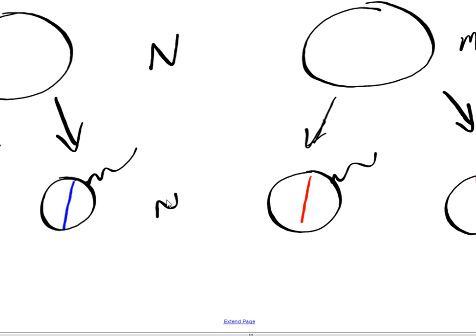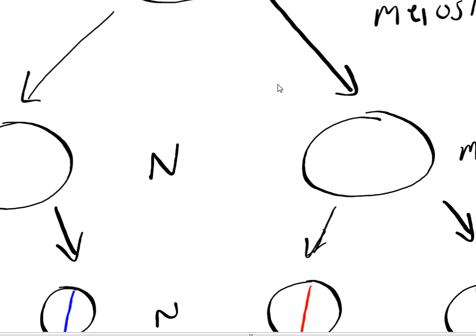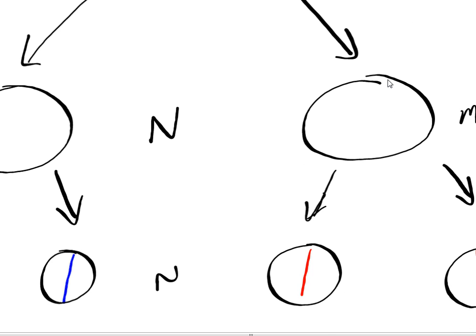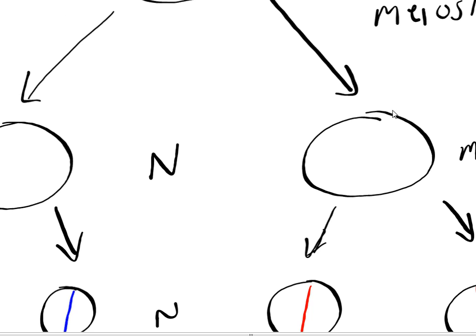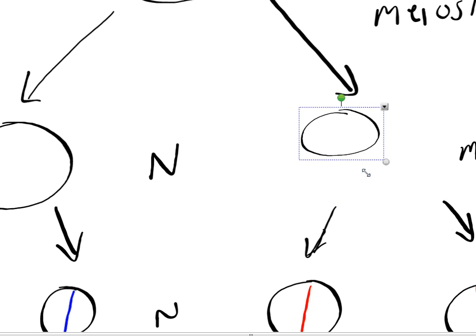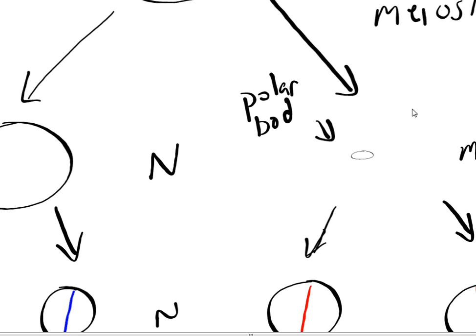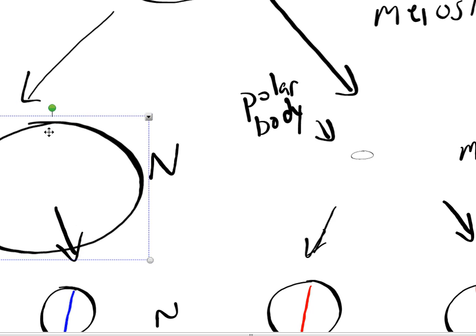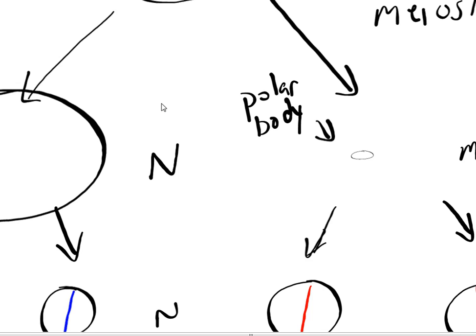However, in females, it is different. In females, with the first division, you have the production of a tiny little cell called a polar body. And this cell actually ends up getting most of the cytoplasm. All right.